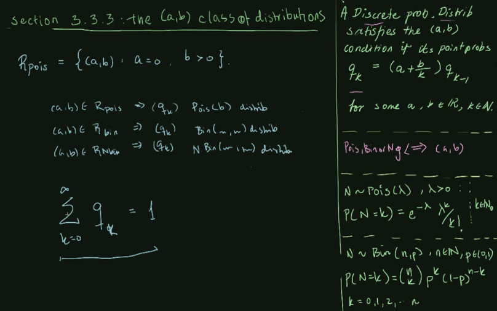But in order for this to happen, we need to be able to express QK in terms of Q0 in a way so that things don't get too ugly, if you know what I mean.